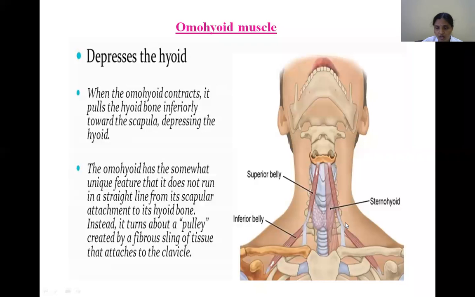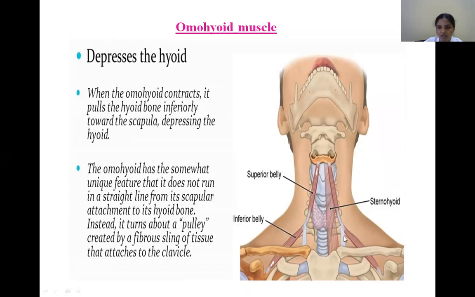To act on this intermediate tendon, a fascial sling is there. What is that fascial sling? Omohyoid fascia. Some say this is a derivative of the investing layer. Others say this is an upward extension from the clavipectoral fascia.